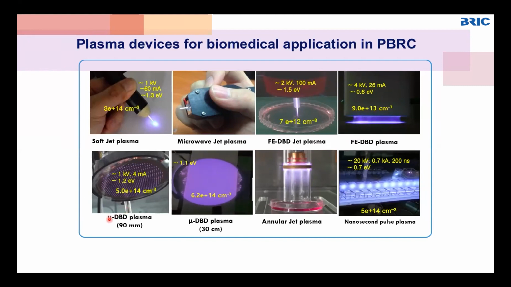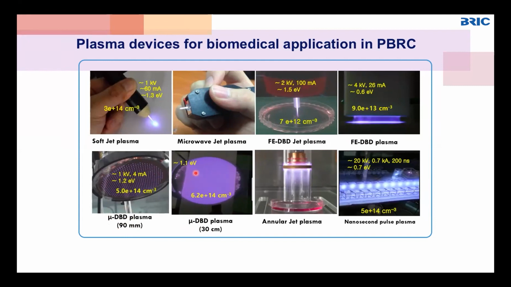And this is micro DBD plasma. It has more than 100 micro cells, so that's why we call it micro DBD plasma. Its size is 90 millimeters, and the same kind of device in bigger sizes, up to 30 centimeters, we can make in PBRC for large surface area treatment.